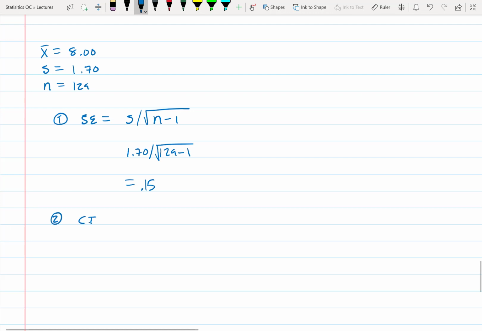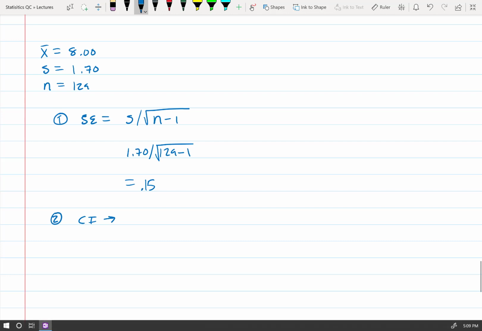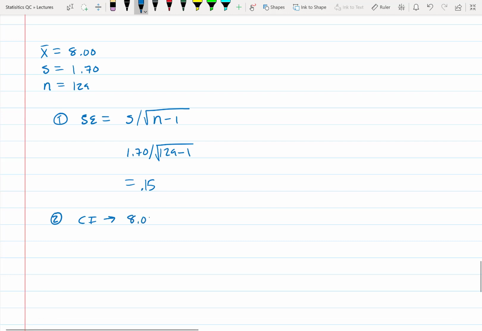Again, the confidence interval formula is given by CI. I'm not going to use an equal sign because it's not an arithmetic operation here. Our X bar, $8, plus or minus a Z value times our standard error, which we've just calculated at 15 cents. Okay, what's that Z value going to be then?